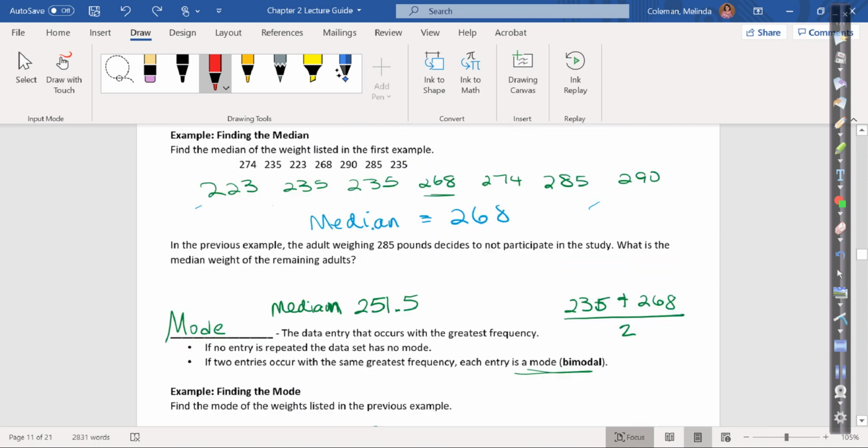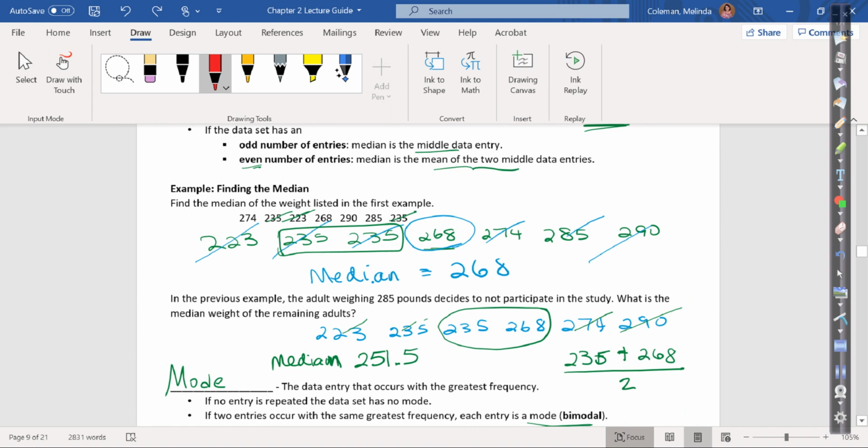So we found the weights. Okay. So here's your weight data. And so that weight is 223, 235 twice, 268, 274, 285, and 290.